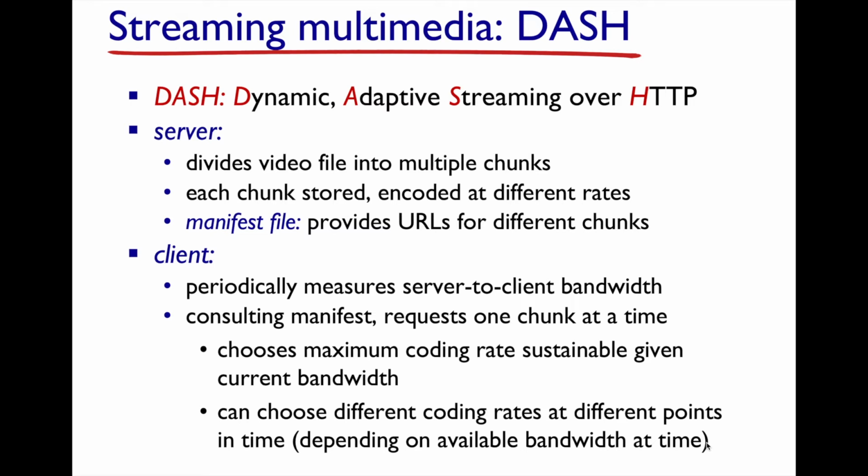And so what DASH does, it has different versions of this video file stored. And this video file is chopped up into blocks, and each block is coded, or maybe it's every second of video or every half second of video. It doesn't matter how big those blocks are. But these blocks are encoded in different resolutions.